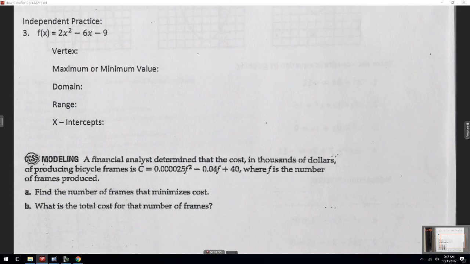Now's your time to ask a question about your vertex. If you don't know how to find it. Ask now. Is this right?